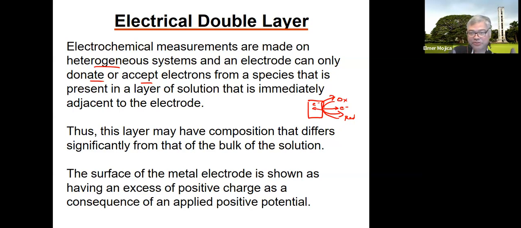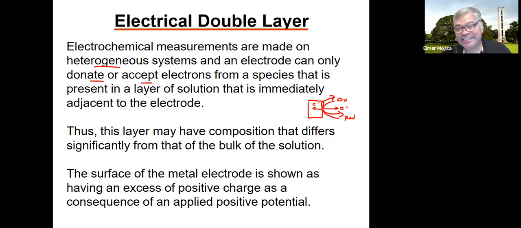When you say bulk solution, it's the whole solution. The one that interacts, if we have this interfacial region, is the surface of the metal electrode with some solution layer. The surface of the metal electrode is shown as having an excess of positive charge as a consequence of an applied positive potential.